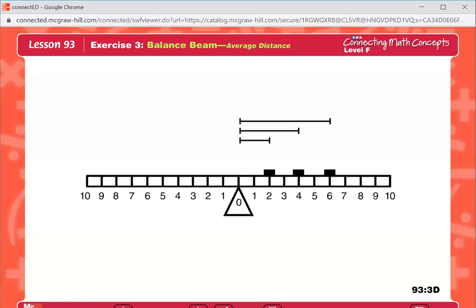So we will draw a dotted line. Now we need to add the same to the left side of the scale. The average is 4, so the beam will balance if we place the same number of weights on 4 on the other side. So we're going to put 3 weights on this line where the 4 is because we have 3 over here.